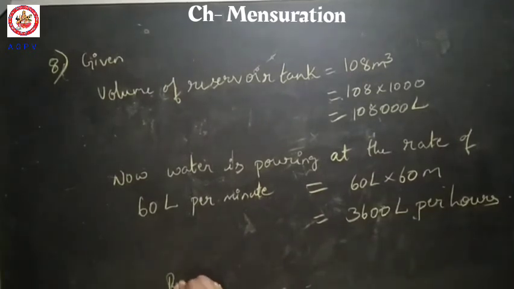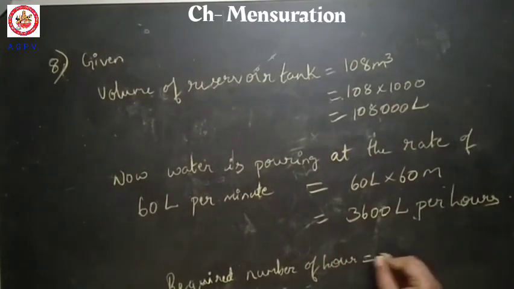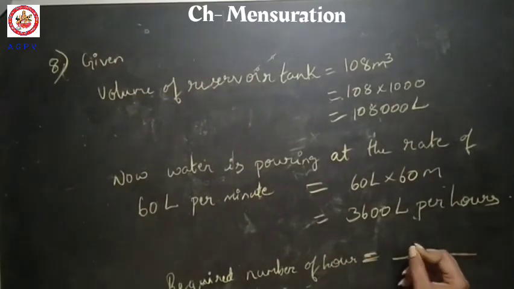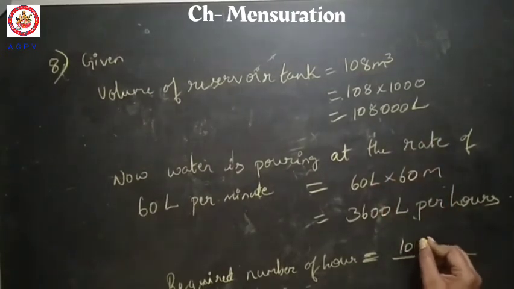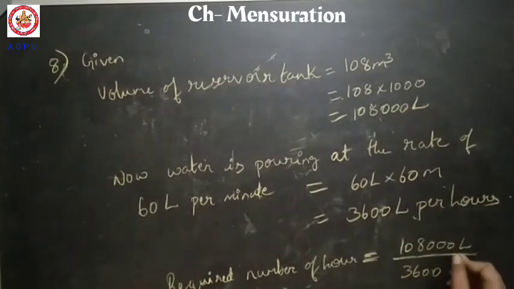So now the required number of hours. We will be dividing, right? In the same manner, now this one, that is 108,000 liters divided by 3,600 liters per hour, we have to divide it. Here 0 and 0 get cancelled. That is liter per hour it is, right? Per hour.